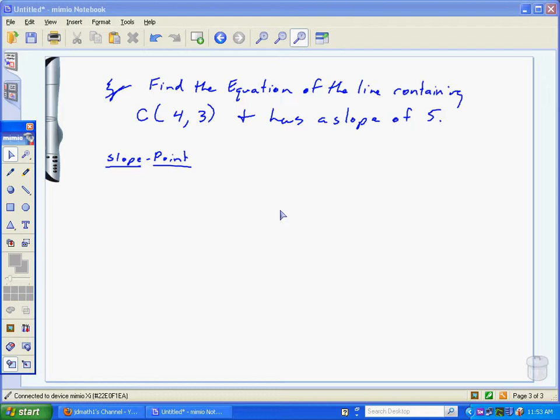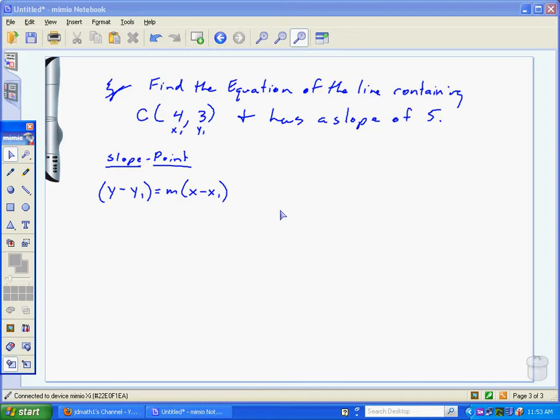The way I write it: y minus y1, because we've only got the y1 here, we've got x1 and y1 here, equals our slope times x minus x1. When you're given a slope and only one point, you use this formula.